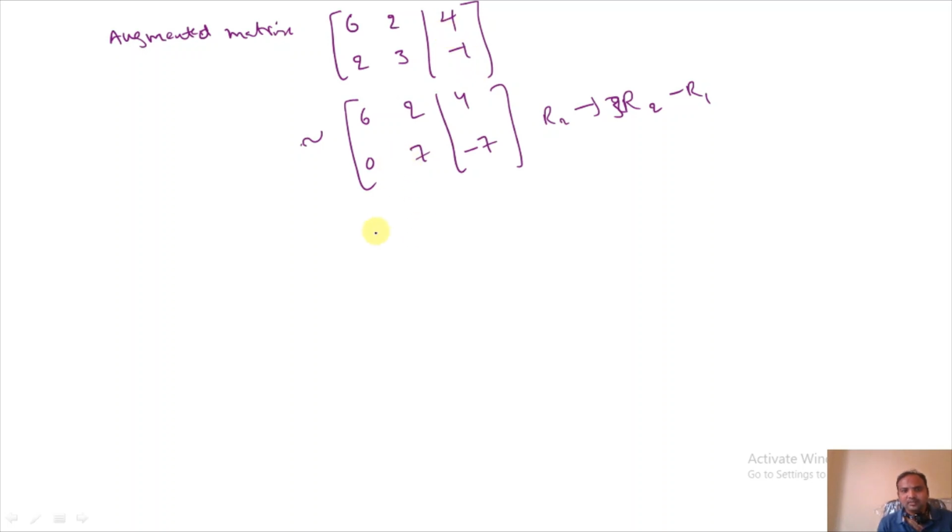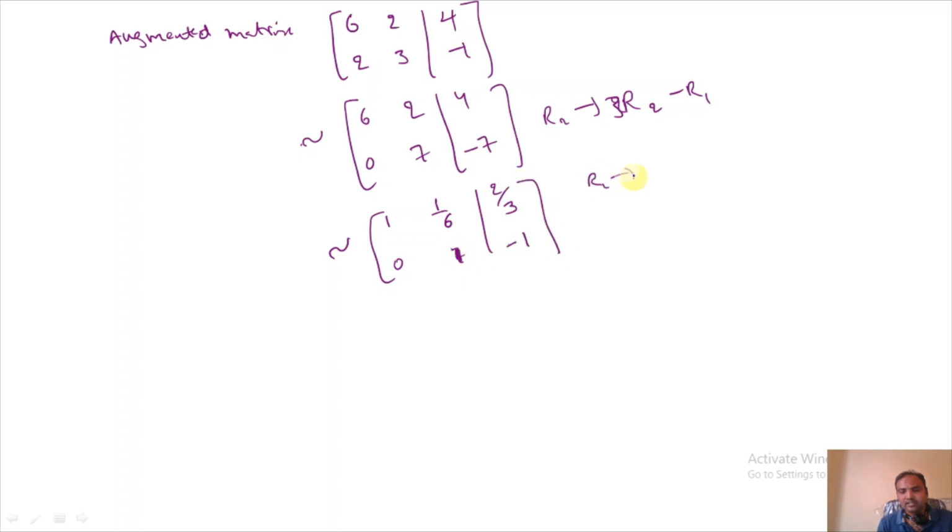Better to convert this to row reduced diagonal form, to get the direct solution. In row reduced form, this is divided by 1, 1 by 6, 2 by 3, 0, 7, minus 1.